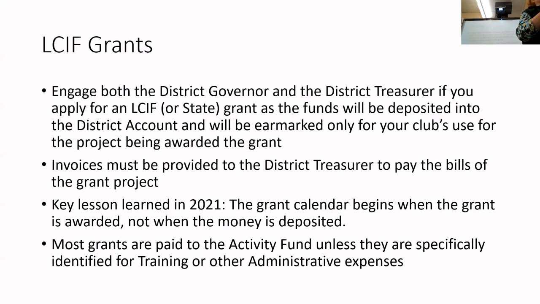It does take some planning and it takes some writing, but I can tell you, Kelly Luby with our club, our club was installed or chartered. 3 days later, we received a $10,000 grant.